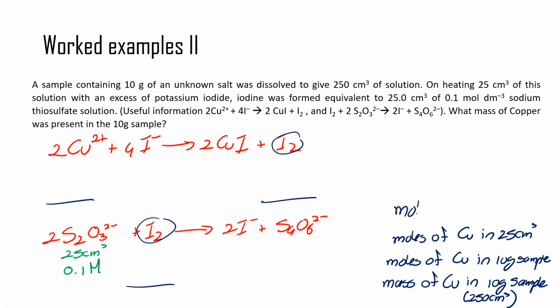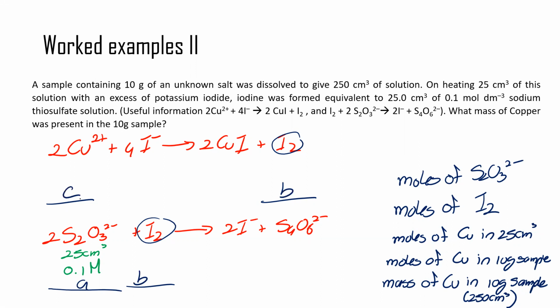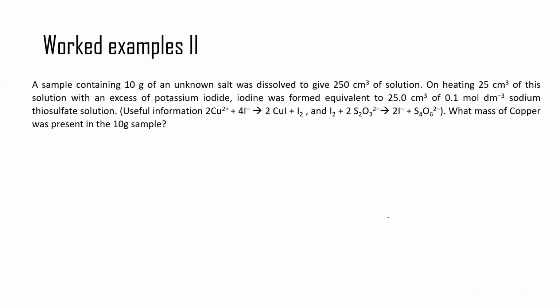So we must find the iodine. So moles of I2. But it's important to note that they're gonna be the same. And of course, the moles of iodine, you can find them by finding the moles of thiosulfate. So here you will be A, B, but B's are the same, C, and then D and E. So let's actually try and work it out.